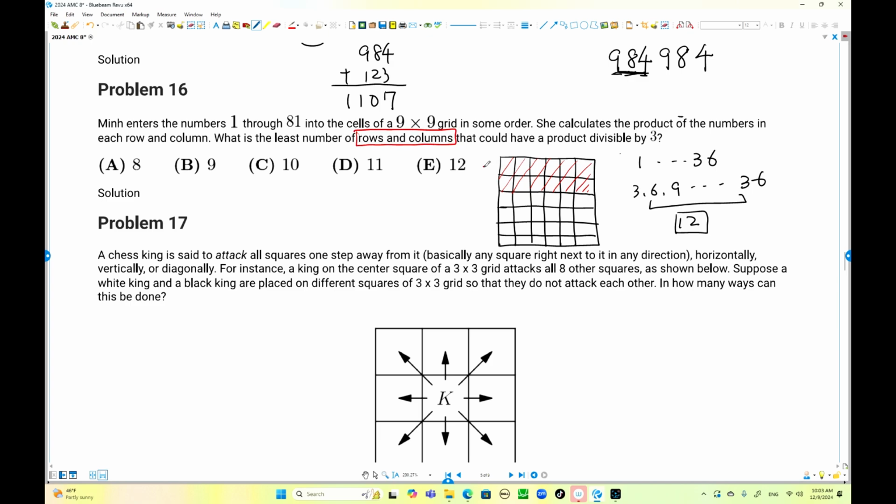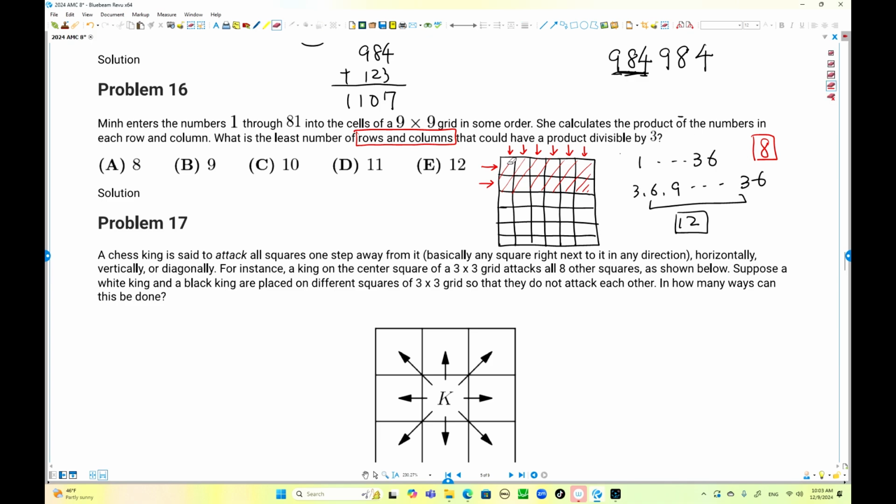These rows are always divisible by 3, they are multiples of 3. What about the other side? The columns 3, 4, 5, 6, 7, 8. Horizontally, that's going to be 8, but that is not the least number.